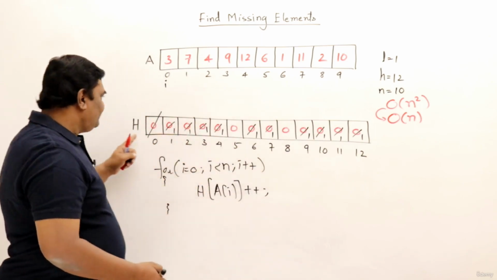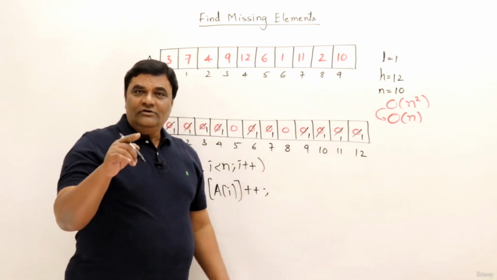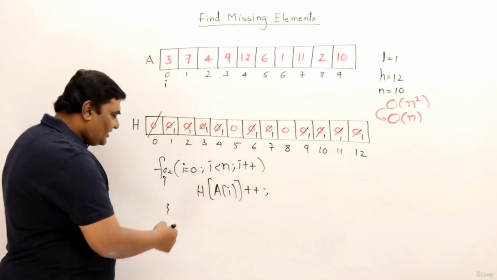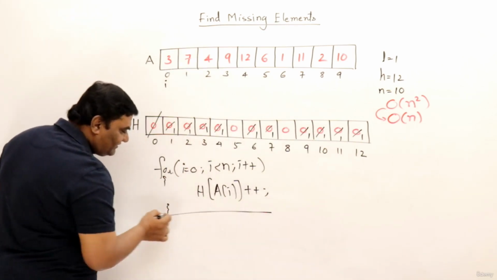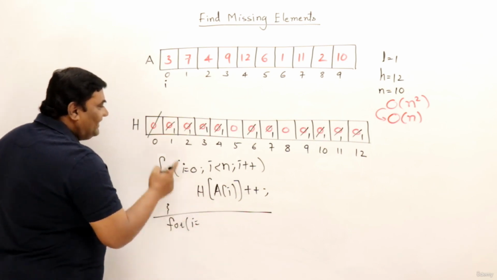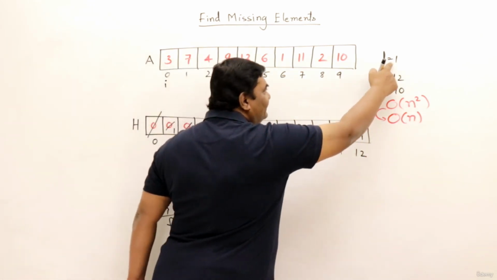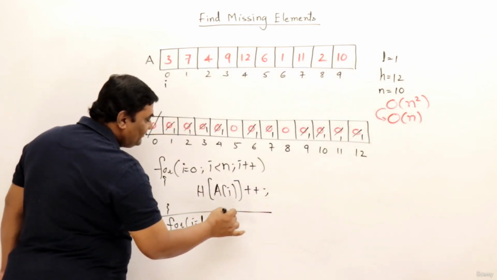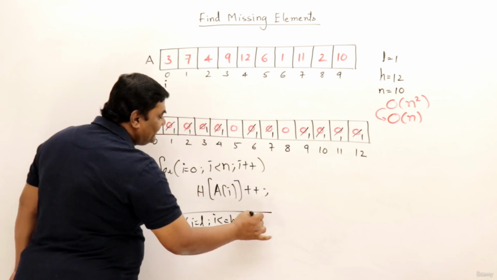Then I have to scan through this array and find out the missing element. Wherever it is 0, that element is missing. Simple. So I will write one more loop. This is over, right? After this, the next for loop: for i assign, I should start from which element? From low, and i is less than or equal to high, i plus plus.